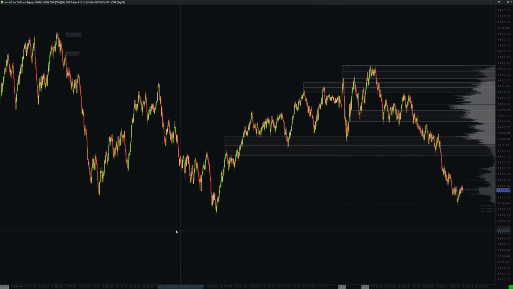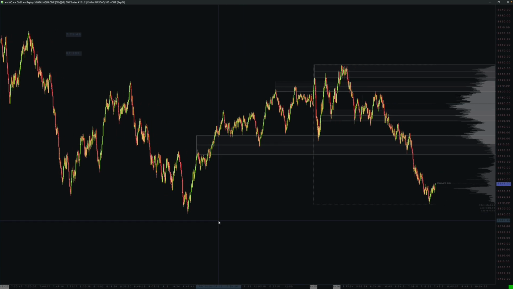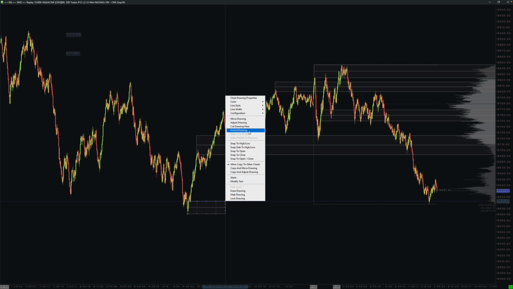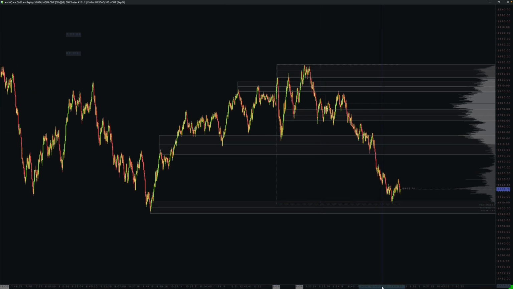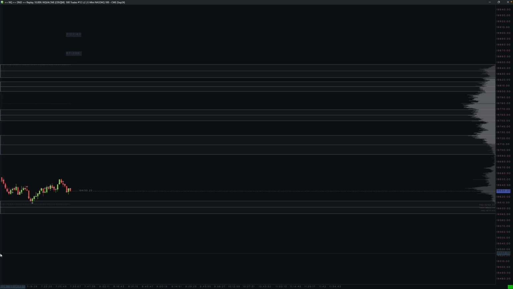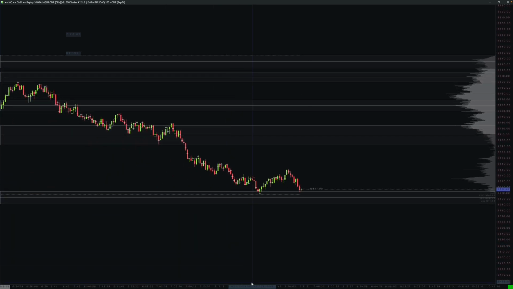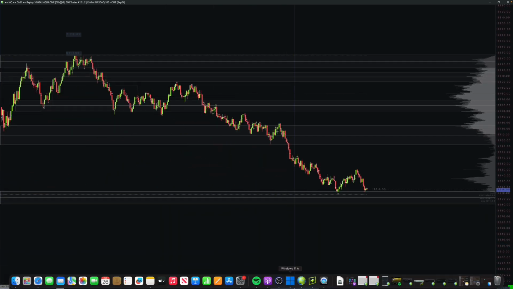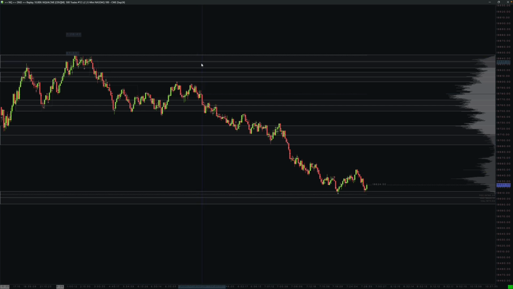Okay, and I'm going to go down here. I'm going to see if I have any other areas of support because, you know, maybe I'm thinking, oh wow, I didn't expect price to go down this far today. So we'll make sure we put this pivot in. There you go. Maybe we draw like a little trend line here.